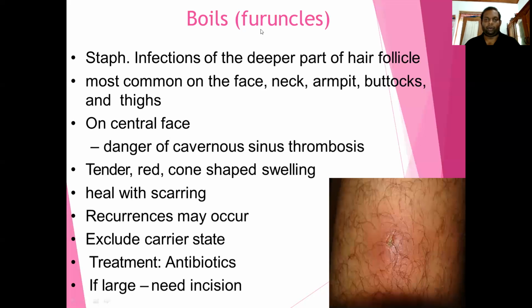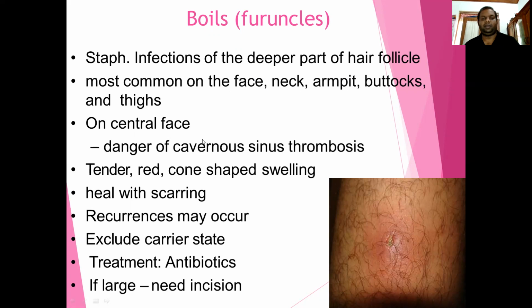Boils, another purulent infection, termed furuncles. Staphylococcus aureus is the one which causes it, in the deeper part of the hair follicles. It goes further deep. Most common on the face, neck, armpit, buttocks, and thighs. On the central face, there is danger of cavernous sinus thrombosis. I think you know about the danger area.